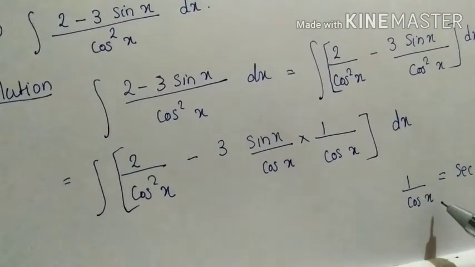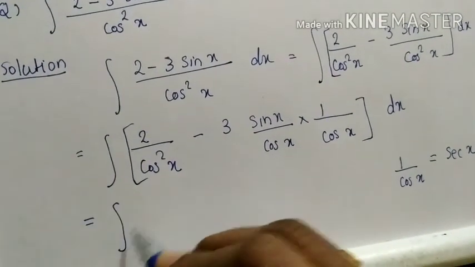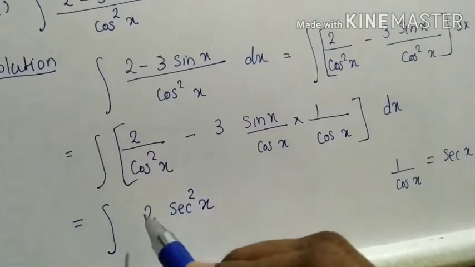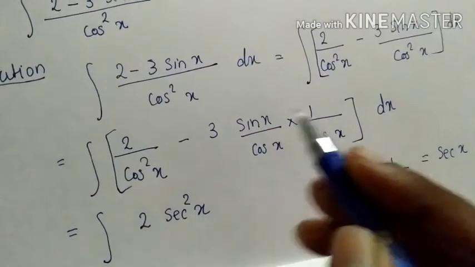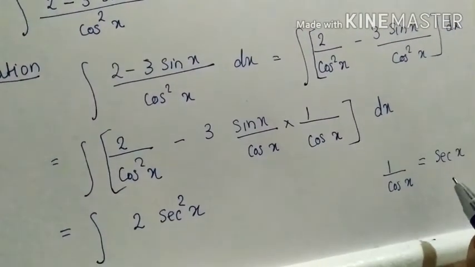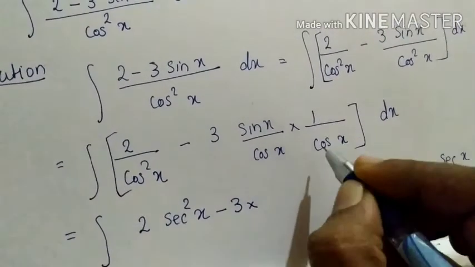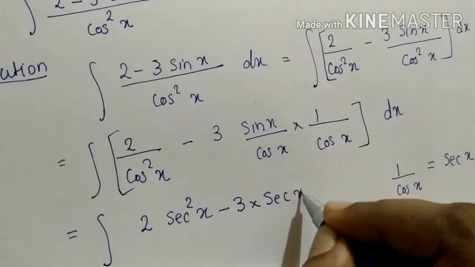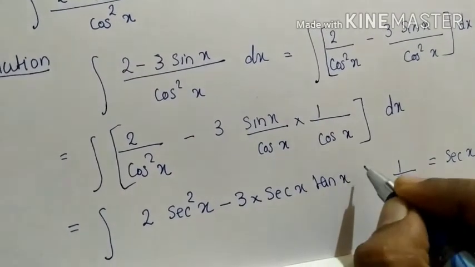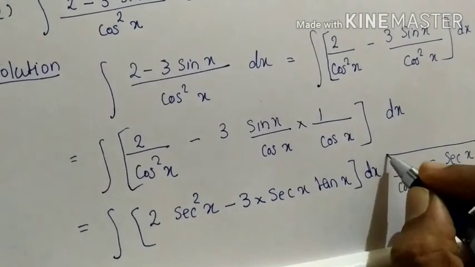So 1 by cos square x means sec square x. So replacing this, we get 2 sec square x, where 2 is a constant and 1 by cos square x is replaced by sec square x, minus 3 into 1 by cos x, which is sec x, and sin x by cos x, which is tan x, dx.